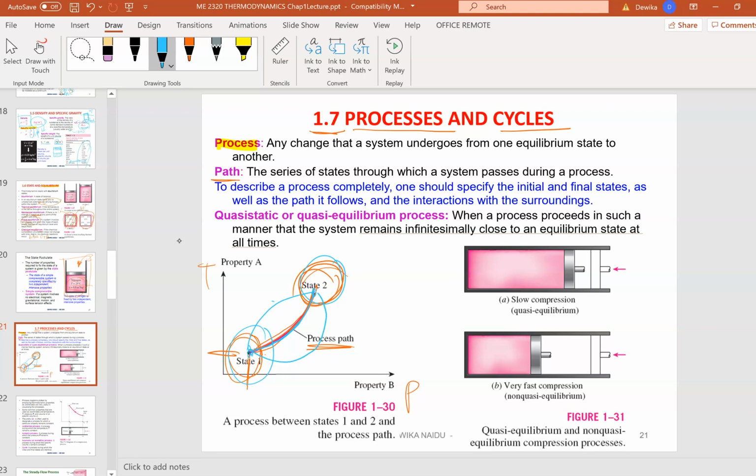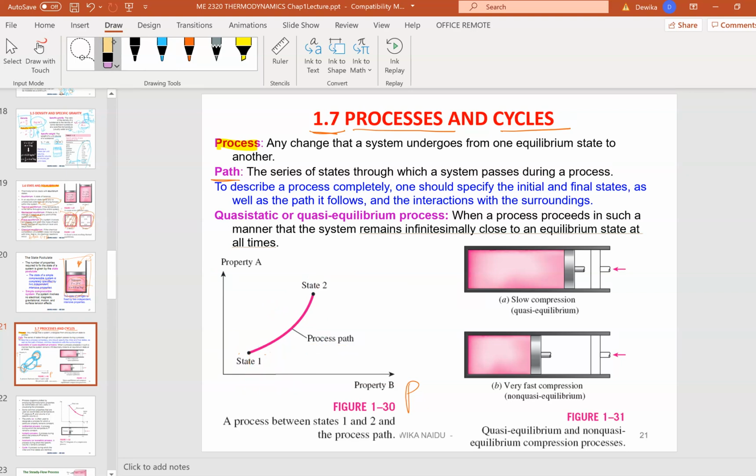But at the end of the day, you reach Sunway University using whatever path is suitable for you. It can be any path, path 1, path 2, path 3, path 4, as long as you reach Sunway University. So this is just a simple way of understanding state 1 and state 2 and the process path.